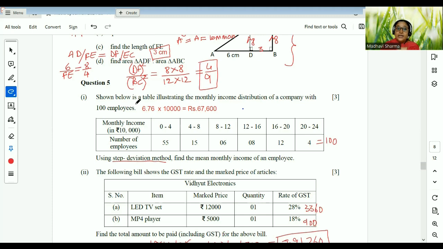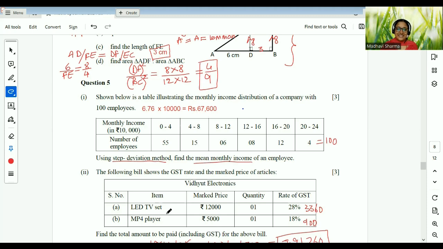Using step deviation, I got the answer as 6.76. So the mean monthly income will be 6.76 into 10,000, which is 67,600 rupees. The catch. Typical ICSE catch.